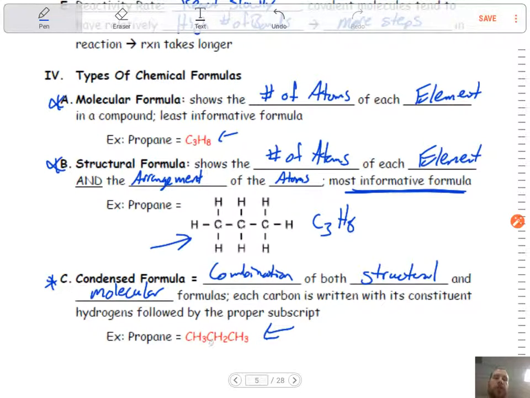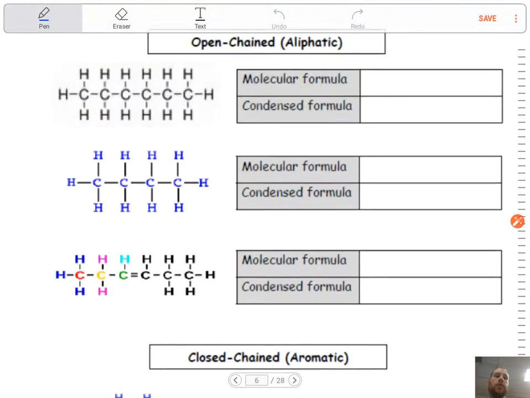So this doesn't show each individual bond, but from this we could say, oh, well, there's 3 hydrogens around this first carbon, there's 2 hydrogens around the second, and it's attached to the other carbons, and then this guy has 3 hydrogens and it's attached to a carbon as well, which is where we get this formula right here. So as we go through and start writing structures and do some naming, we'll get into those a little bit more.